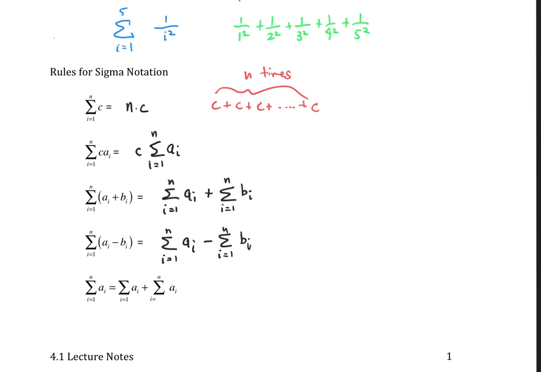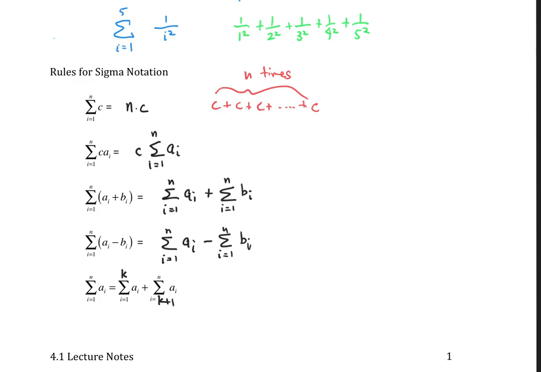For this last one, what we're trying to say is we could take the sum as i goes from 1 to n, and we can actually split it into 2 separate sums. We could pick some number k in between, and we put a k here, and we put a k plus 1 down there.